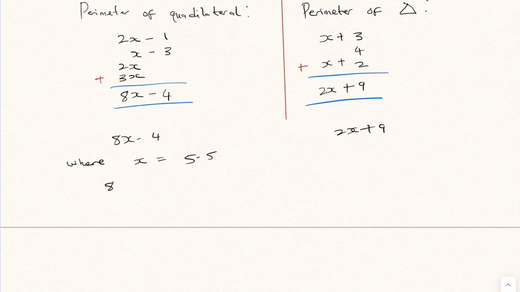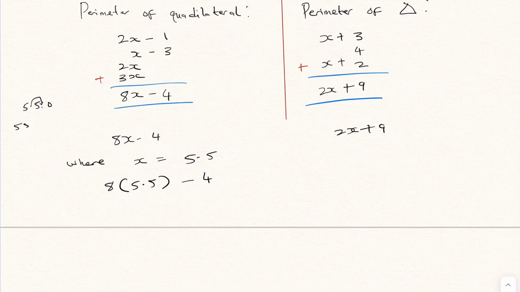So it means it's 8 times 5.5 minus 4, and x times 5.5, maybe I'll just do it here. If you don't have a calculator, you can just put the decimal points one side to make it 55.0.